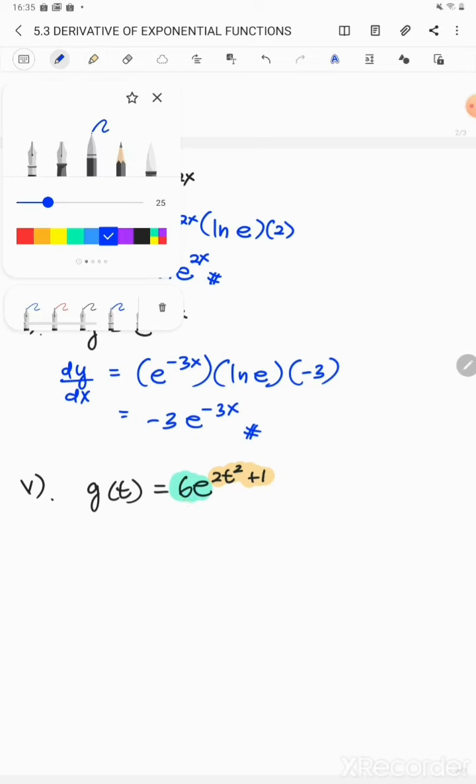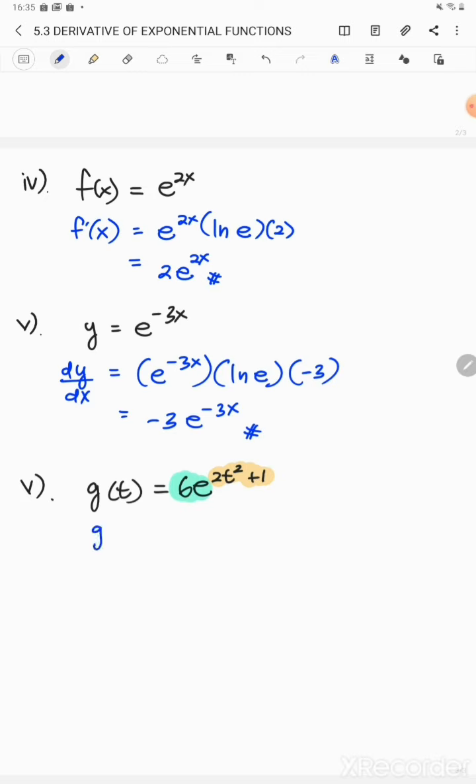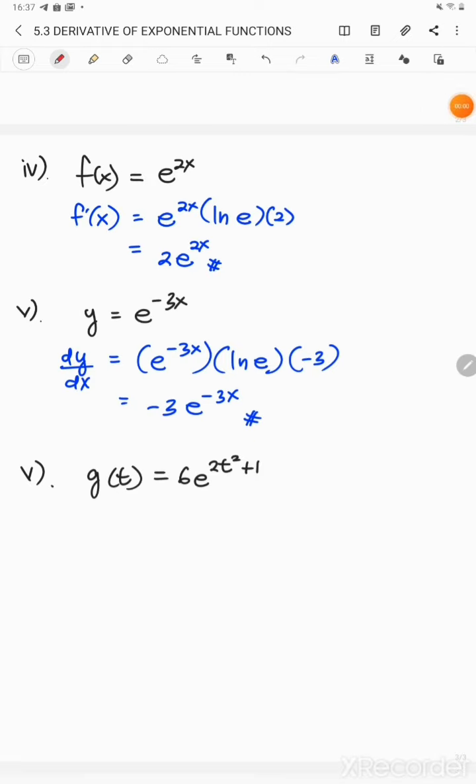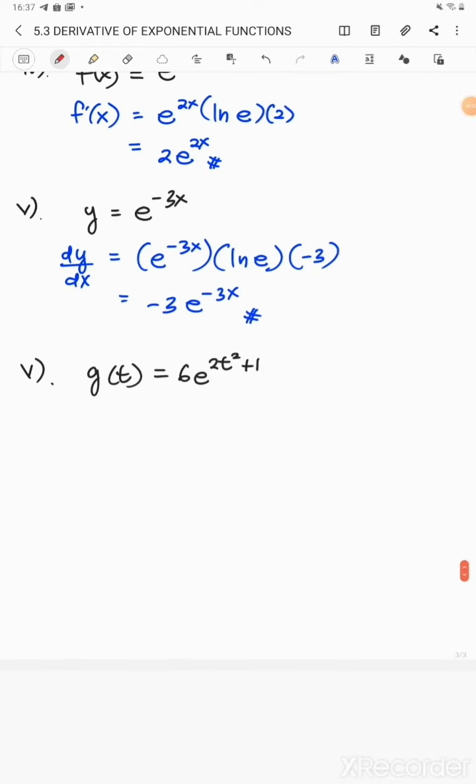To solve this, g prime t equals, remember this is constant, our constant now is 6. You have to copy the term where only e power of 2t square plus 1. Now question number 6, we have g(t) equal to 6e power of 2t square plus 1.